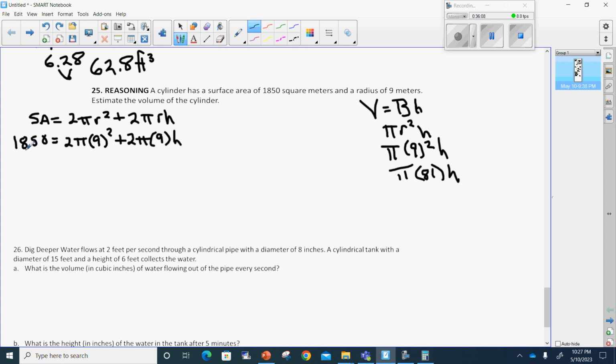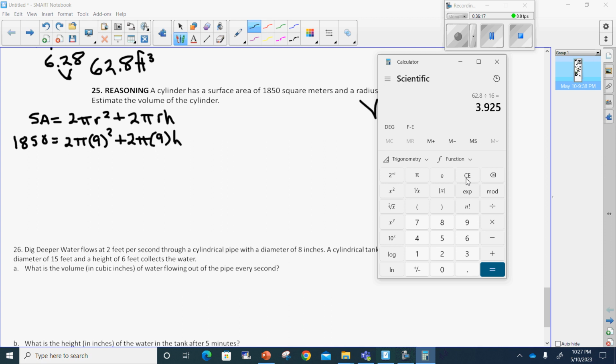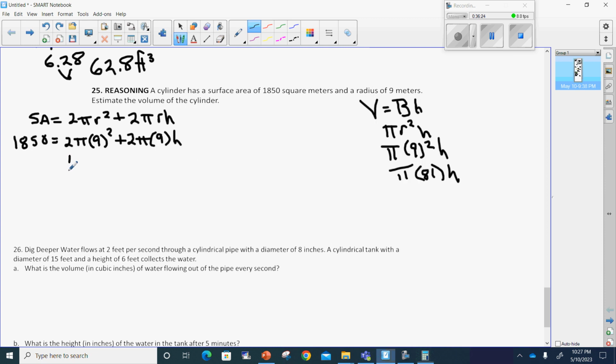All right, remember this is 1850. We're going to take 9 times 9 is 81, and 81 times 2, let's see here, 81 times 2 equals 162. This is 162 times pi. Next, we've got 9 times 2, which is 18 times pi times h.